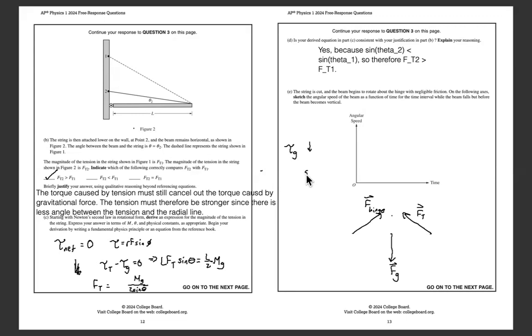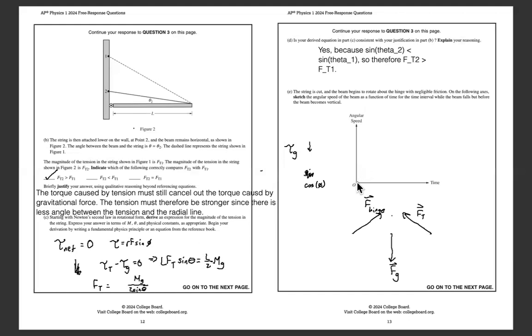It's going to go down like cosine of the angle away from the horizontal, because it's going to be largest when that bar is horizontal, and it's going to be smallest when that bar becomes vertical.